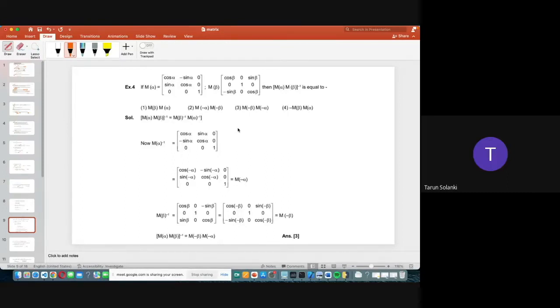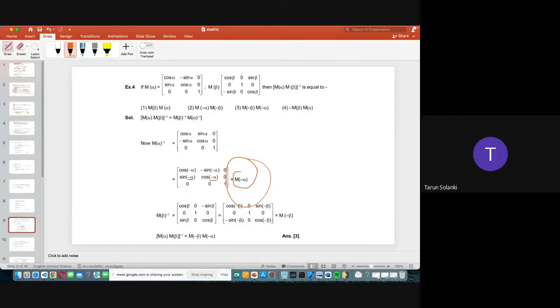So first we need to find M alpha inverse, which becomes cos of minus alpha, minus sine of minus alpha, 0. Then sine of minus alpha, cos of minus alpha, 0, then 0, 0, 1, which is your M of minus alpha, right?